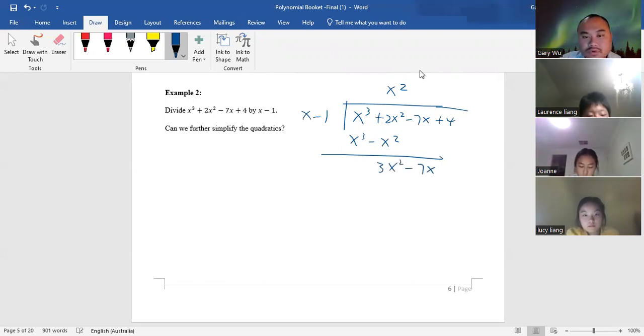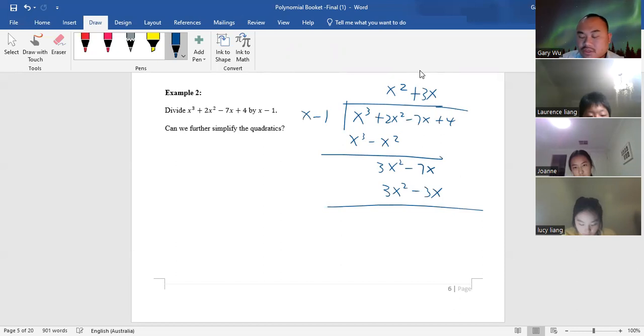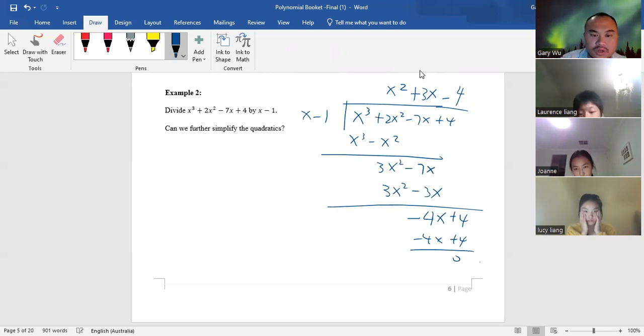So this one would be plus 3x. And then you minus a negative number means you plus a positive number. It would be minus 4. Let's see whether we can further simplify this one.